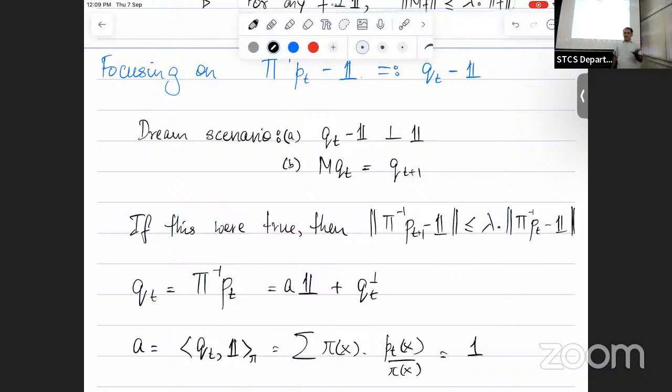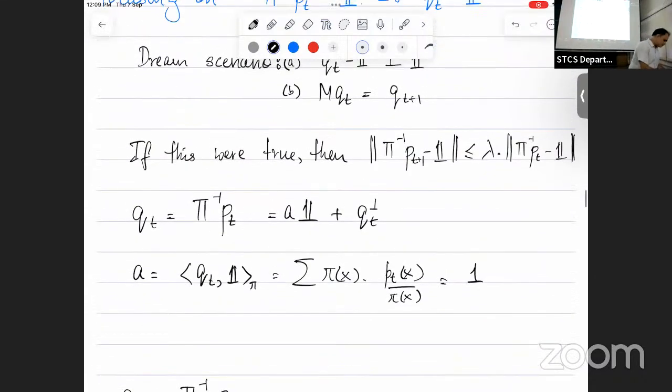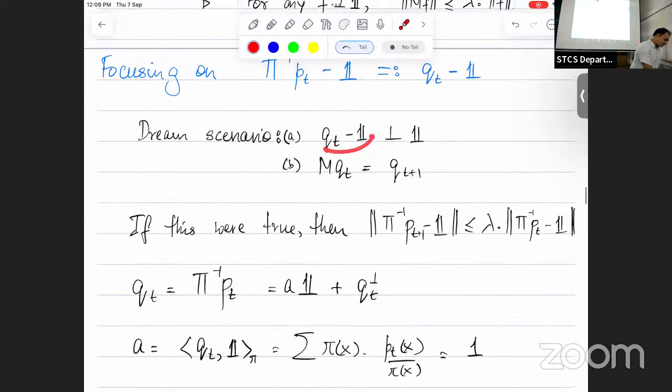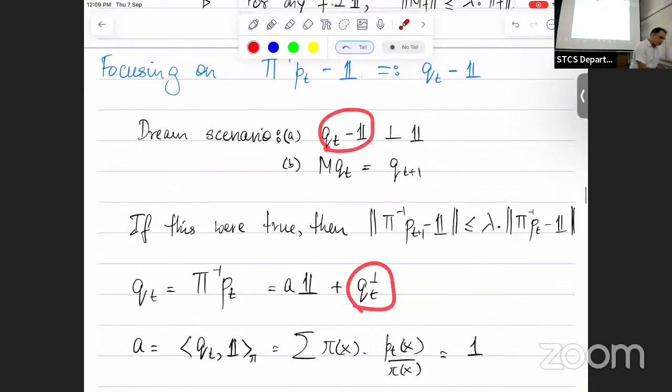So this tells us that A is actually equal to 1. Therefore dream scenario 1 is true, because this is like saying that the vector I cared about, Qt minus 1, is actually equal to Qt perp. It's the component of Qt that is completely orthogonal to the all ones vector.